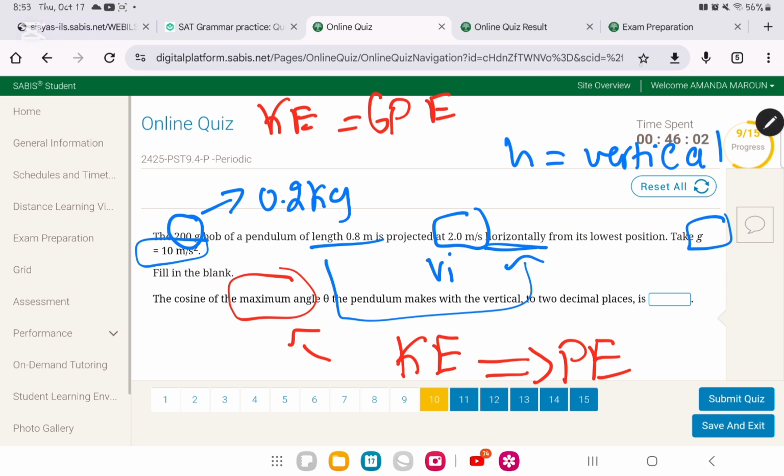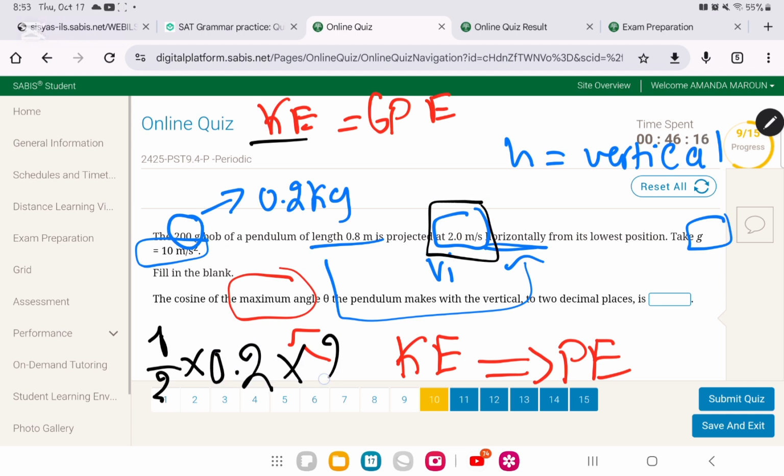Now, the kinetic energy is 1 over 2 multiplied by the mass, which is 0.2 kg, multiplied by the V, which is 2, and then we square it. So 1 over 2 times 0.2 times 2 squared is equal to the GPE.